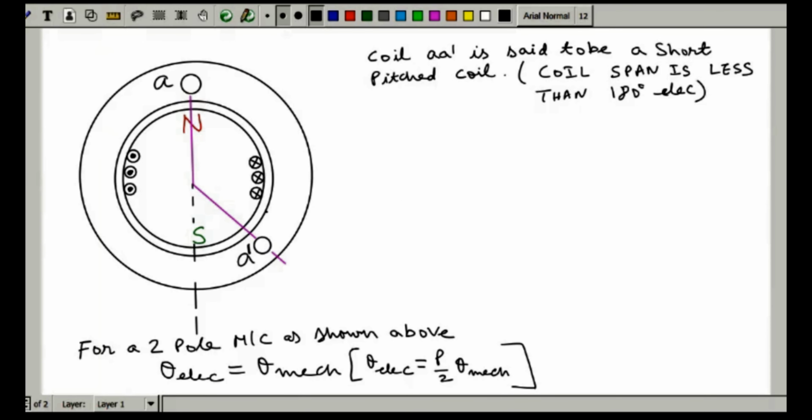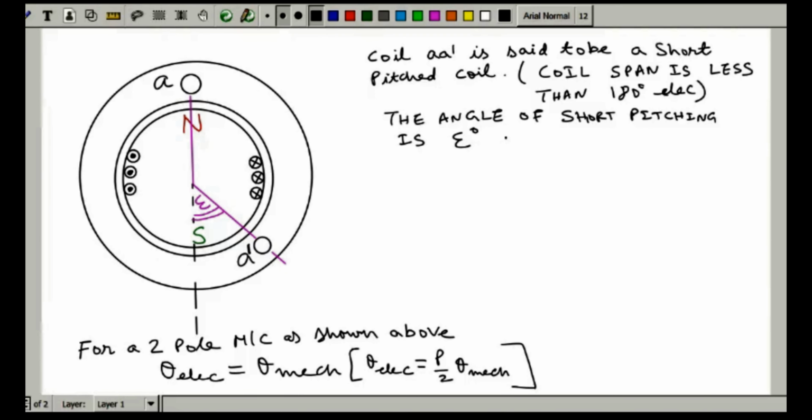If you want to quantify the angle of short pitching, let's say this angle is epsilon. So the angle of short pitching is epsilon degree.